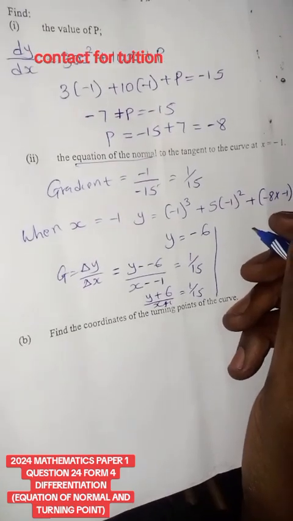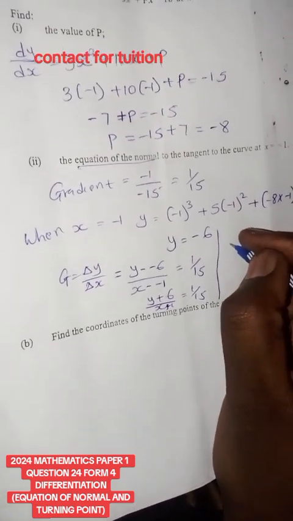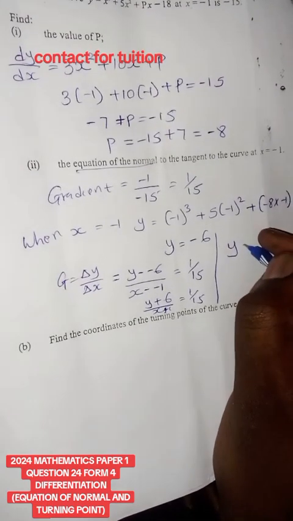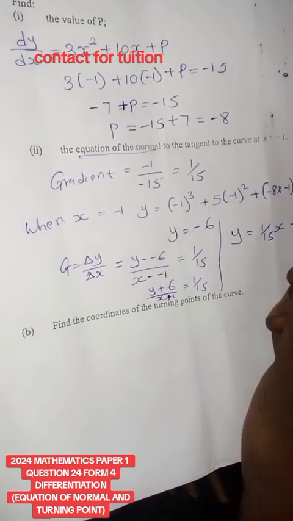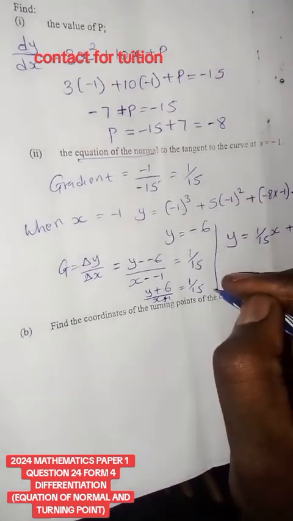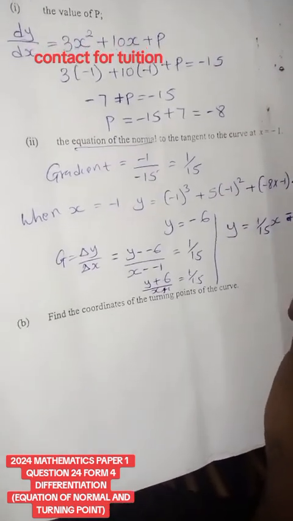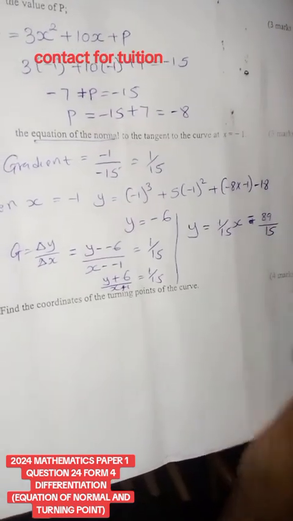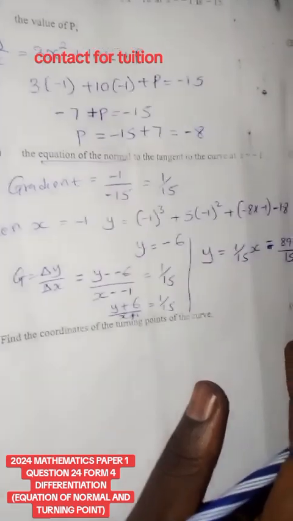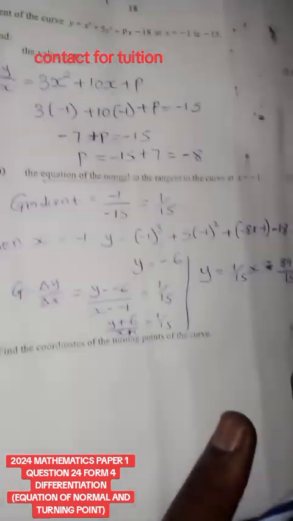So if you make your equation in the form of y is equal to mx plus c, you're supposed to be having y is equal to 1 over 15 x, plus, this one will be a negative here, 89 over 15. That one, if you leave your equation in the form of y is equal to mx plus c.